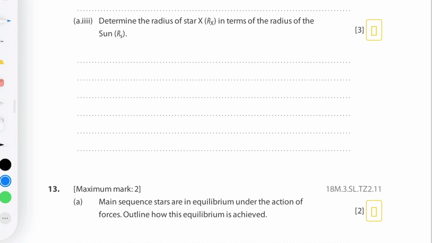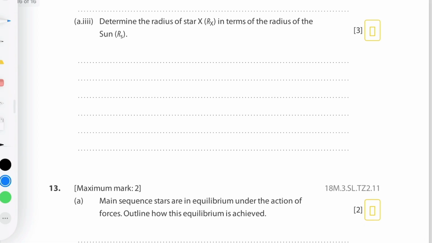A4, determine the radius of star X in terms of the radius of the sun, Rs. So Lx equals sigma 4 pi r squared T to the power of 4, so that means the radius of star X is equal to the square root of Lx over sigma 4 pi T to the 4.